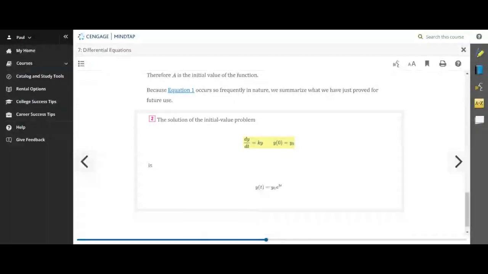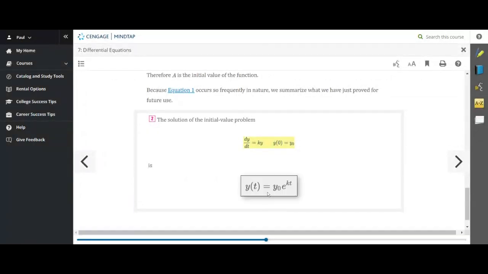If we have an initial value problem, and this is in section 7.4, where dy/dt equals k times y, and at time 0, the initial population or amount, it could be an amount of radioactive material, the initial amount is equal to y sub 0, then in general, the solution to the differential equation is y of t equals y sub 0 times e to the kt power. That's the kind of formula that you saw when you took pre-calculus, but now you know where it comes from.